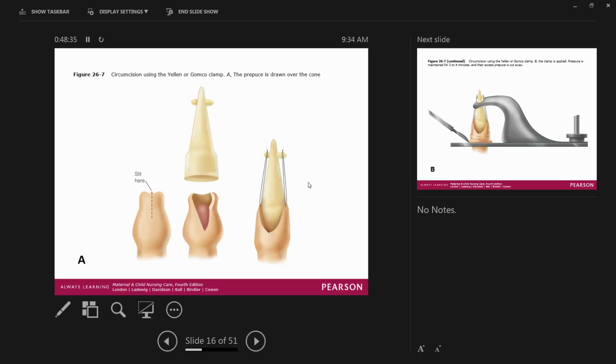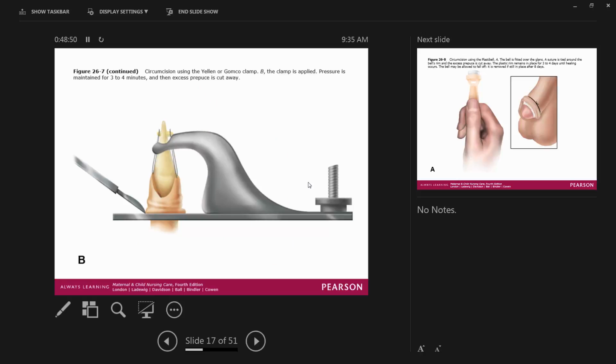Yes? That's different than any Gomco I've used. Usually they're metal. But they're a clamp, yeah, you'll see it. Usually those little hoods are metal. And then they go in this barbaric looking torture device.